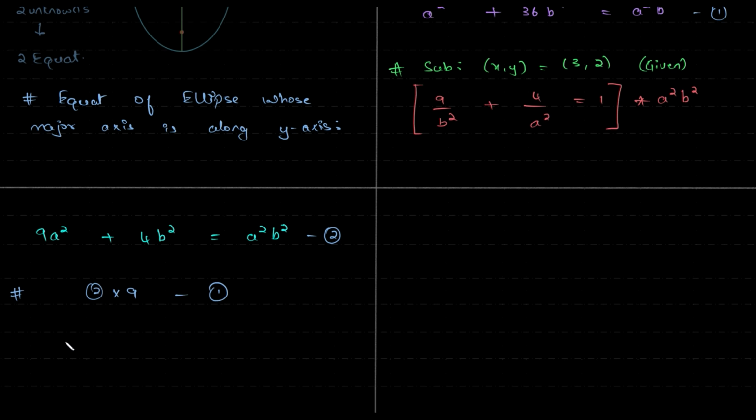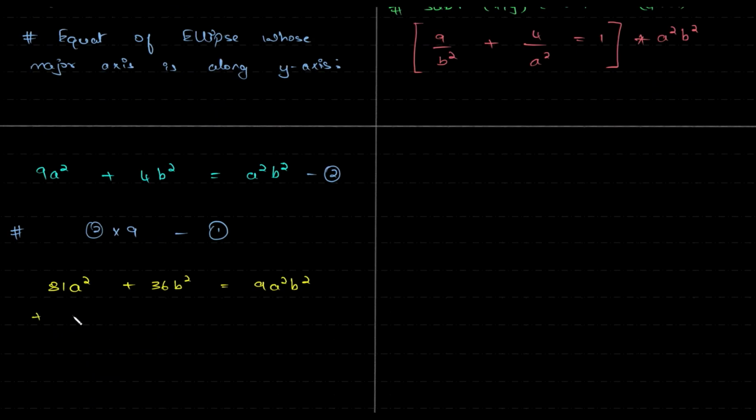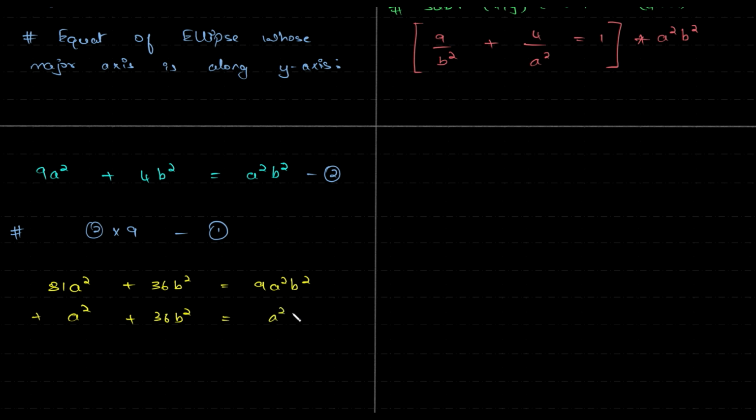So basically this would be 81 a square plus 36 b square, equal to 9 a square b square. And the other one is just to be copied, nothing is changed over there: a square plus 36 b square is equal to a square b square.